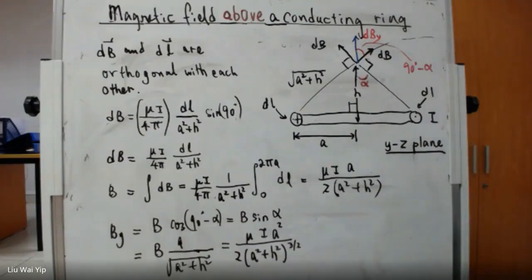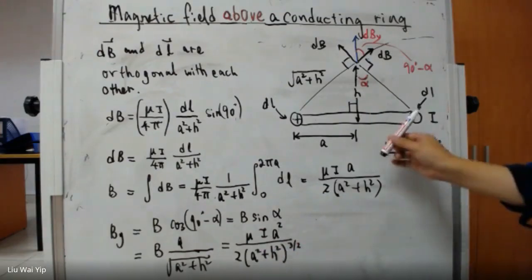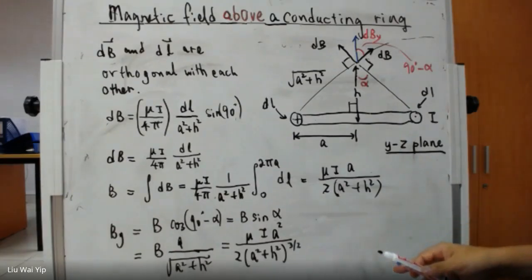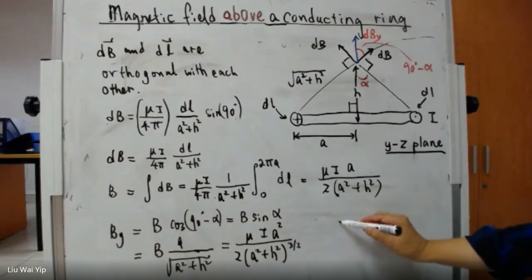So this is the answer. The total magnetic field will be pointing upward in the z direction, with the value given by this expression.